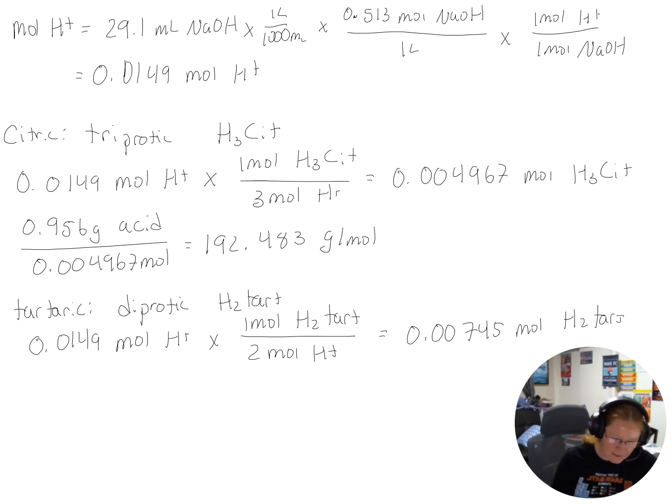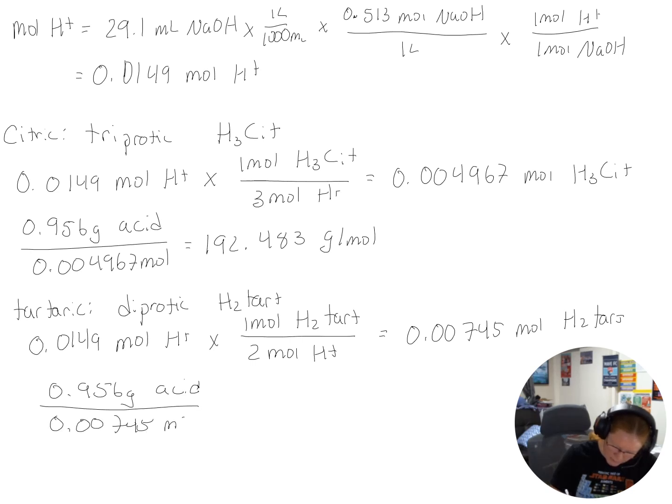Then I can take this 0.956 grams of our acid sample divided by our 0.00745 moles of the tartaric acid, and I get 128.327 grams per mole.